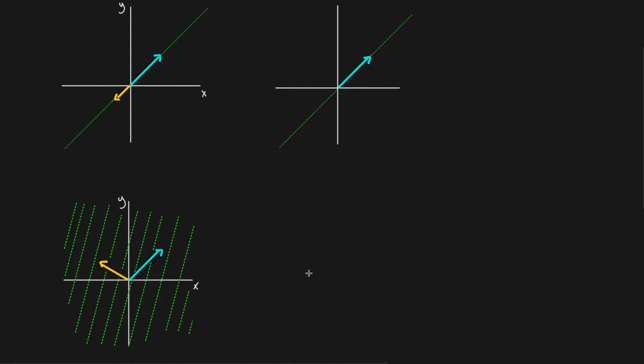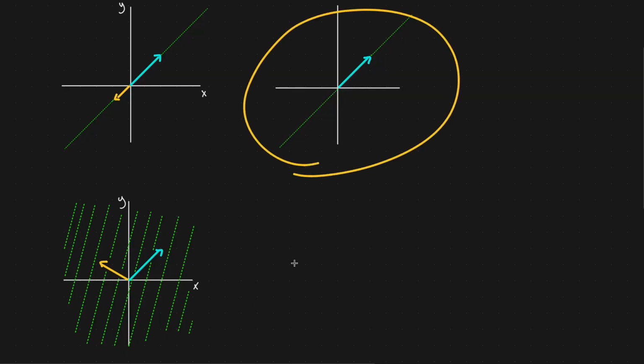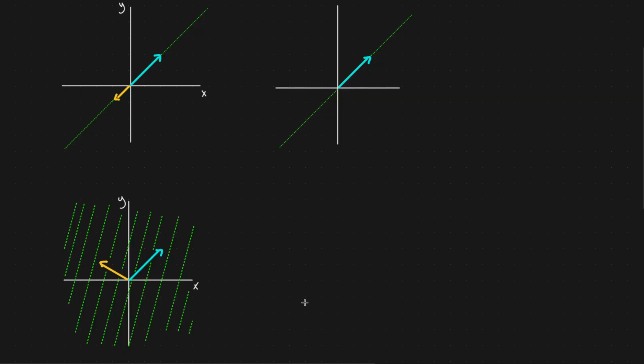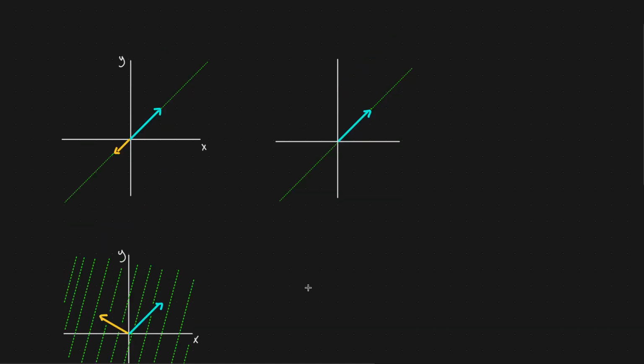But similarly, if I were to take one of these vectors away, then I wouldn't be spanning the whole plane anymore. I'd only be spanning a line, right? So what we're noticing is that the span of one vector is a line.